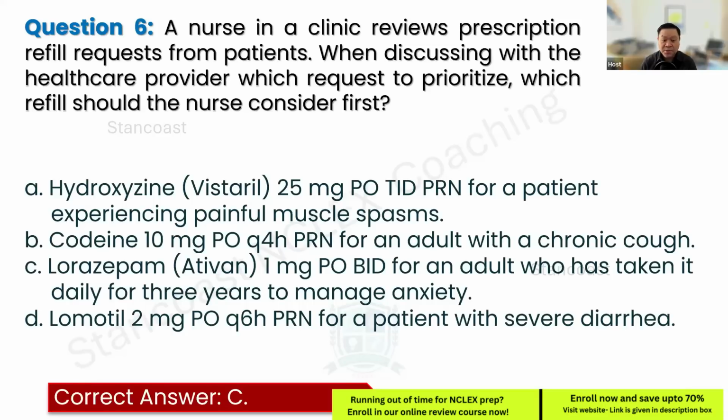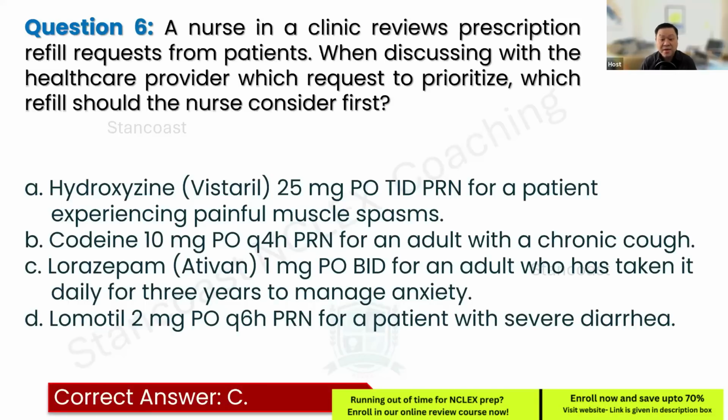Letter B is also incorrect. Codeine is an opioid, and this can manage cough, but delaying its refill is not likely to result in significant health risks. And lastly, letter D is also incorrect because we know that diarrhea can be concerning, but this can be managed with increased fluid intake and over the counter options.